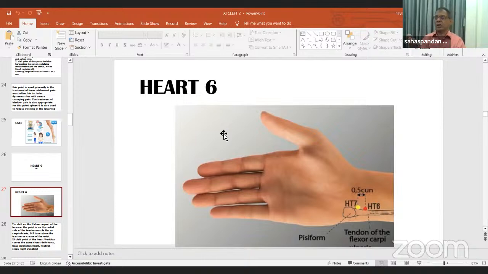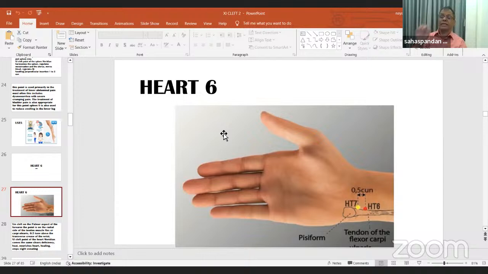You feel the tendon on the heart meridian, and you go to the radial side of the tendon.